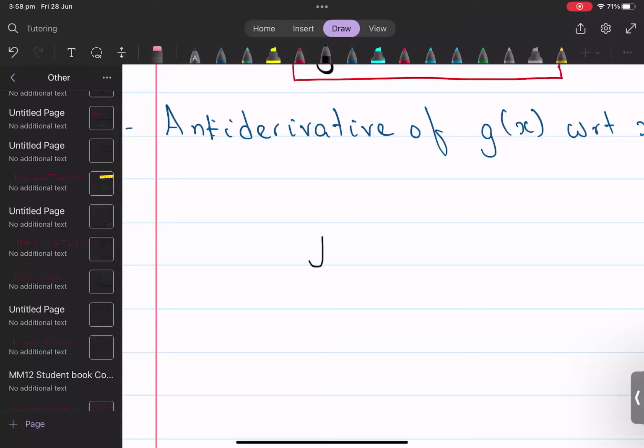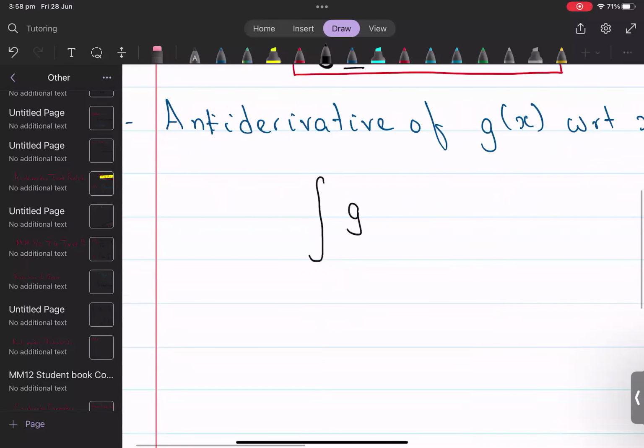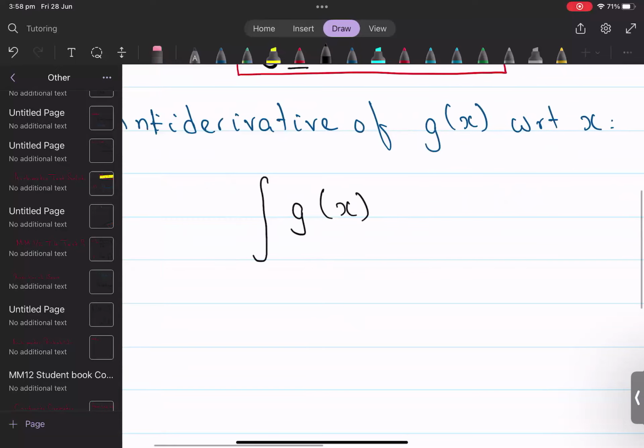We put a little snake-looking symbol here, and we write the function that we want to take the antiderivative of, in this case g(x). We also need to include a very important piece of this antiderivative, which is the variable with respect to which we are anti-differentiating. So we are anti-differentiating with respect to x, so we have to include dx here.